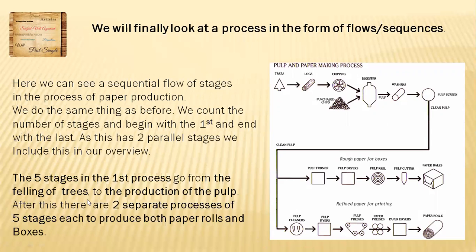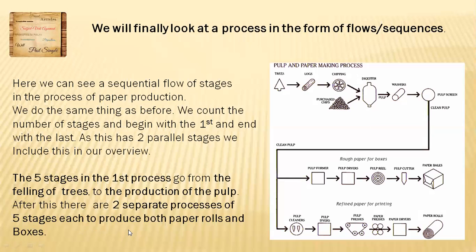Because here, as you can see, the second part of this, after this, there are 2 separate processes of 5 stages each to produce both paper rolls and, that should say, bales. Now, you could also change it to be more accurate and say 2 separate processes, one of 5 stages and the other of 6 stages, each to produce both paper rolls and bales.